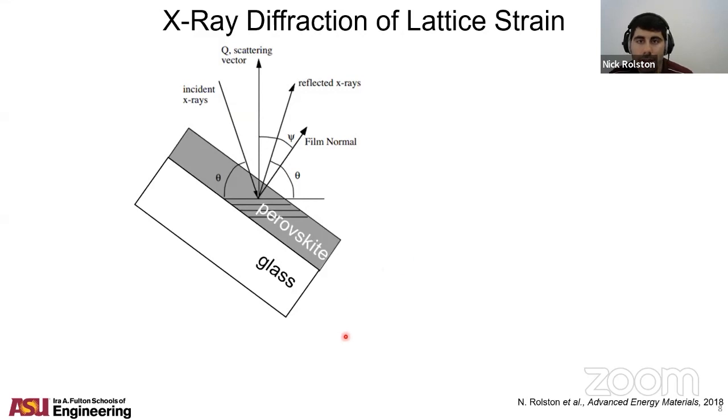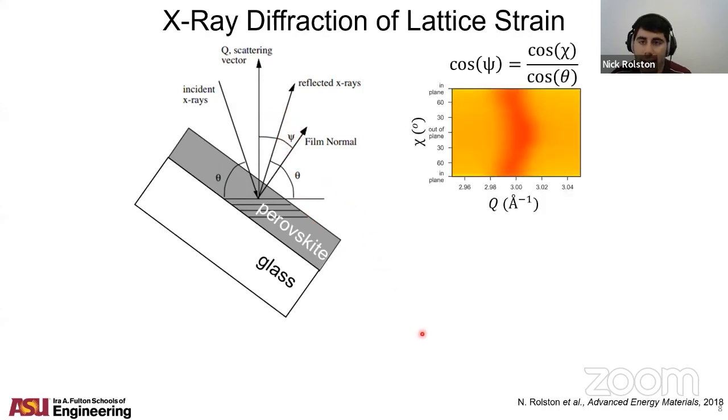Also, strain can be measured by looking at the changes in the lattice spacing. This is just a third and final approach for measurements. And this is done using what's called the sine squared psi method, where basically you use a grazing incidence, and then you have a rotation in the film, and you're able to then back out how the lattice vector changes.